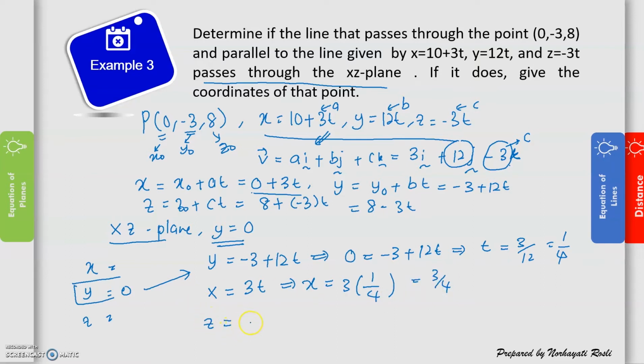For z we have 8 minus 3t, so when we substitute t, we have 8 minus 3 times 1/4, which is 8 minus 3/4. When we solve this, we get 29/4. The point where the line passes through the xz plane is (3/4, 0, 29/4).